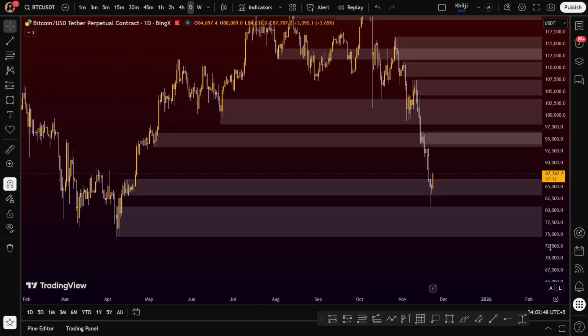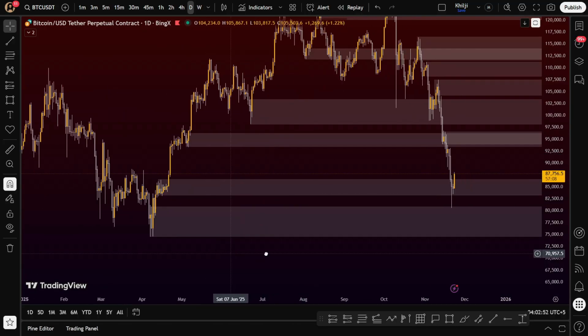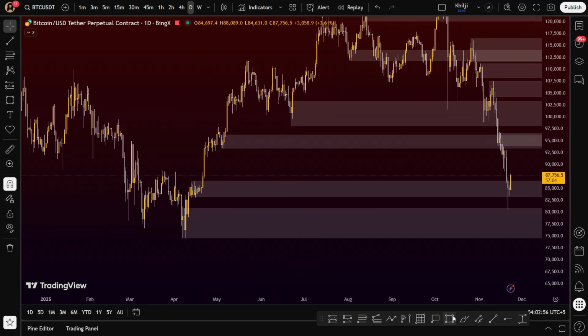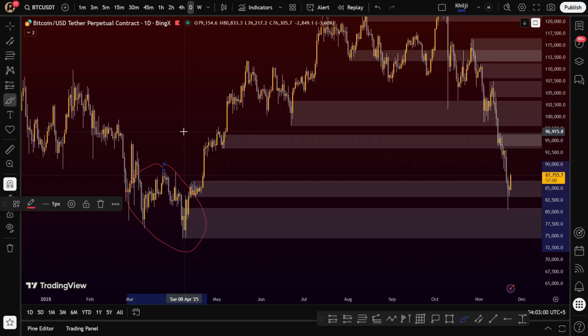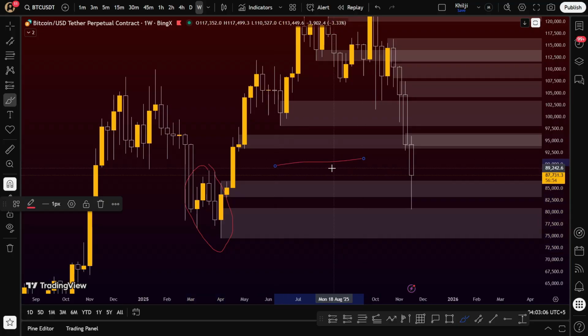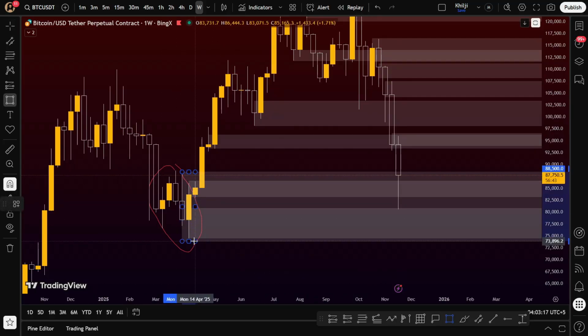And what I have taught you guys before is that order blocks are simply zones on the lower time frames. You see this big zone, it looks pretty good on the daily, right? But if I switch to weekly, you will notice that this is just the last bearish candle before the up move. So this is now an order block.